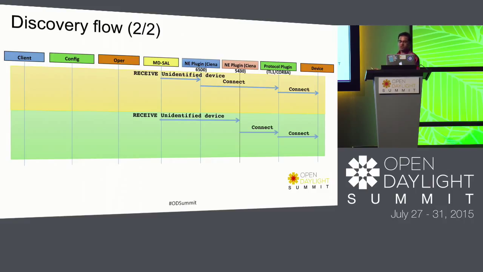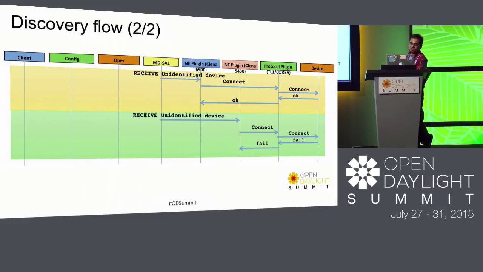Okay, so in this example, we are assuming that the device type is 6500. So both plugins will try to connect to the device at the same time. Only one of them will get OK, because if it's not the right device, you will get a fail. The 5400 device fails, the fail gets propagated here, and it dies here.